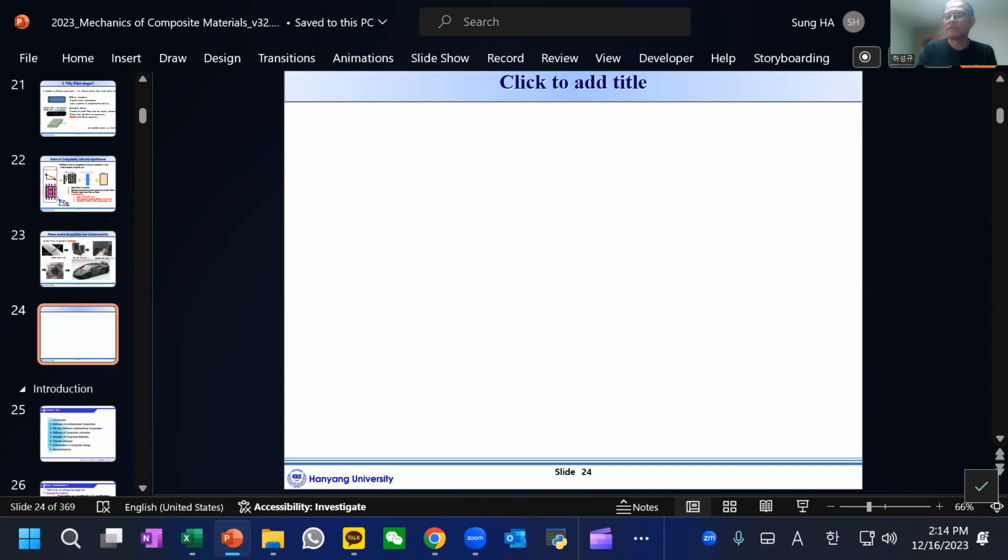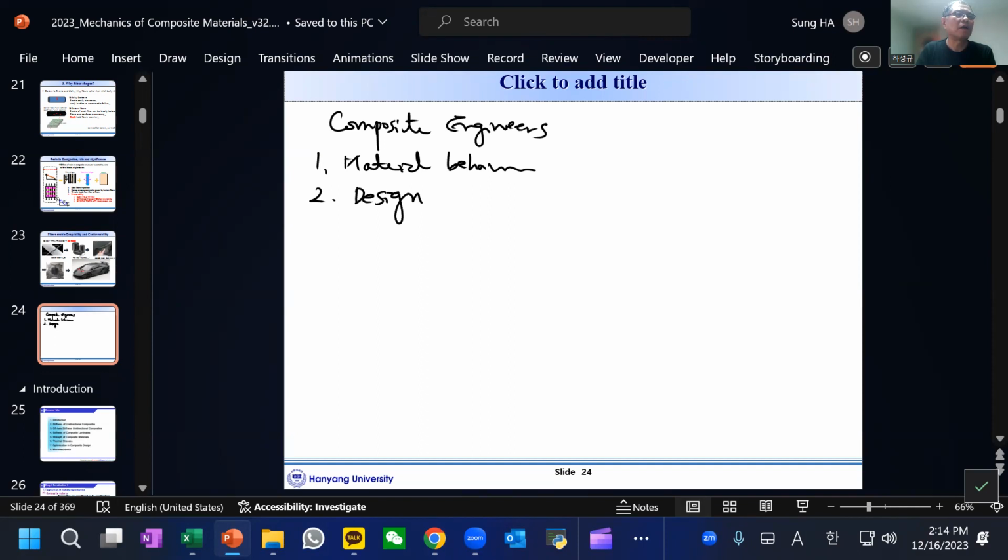The main reason is that, to be a composite engineer, you need to understand the material behavior. Okay, material behavior. I always emphasize this one. Second, you should know how to design, or say, based on the simulations. And third, you need to understand the manufacturing process.